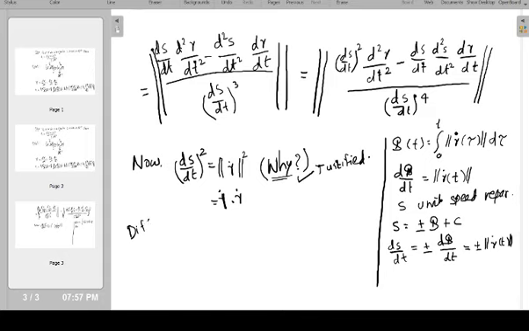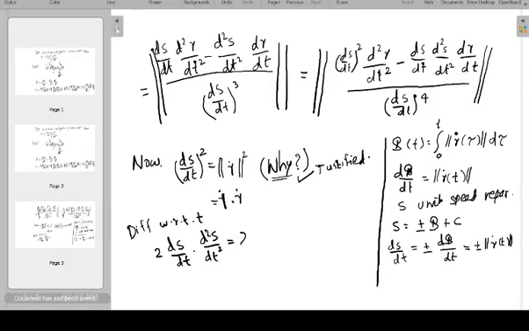So differentiating with respect to t, what you will get? 2 ds by dt into d square s by dt square is equal to, you have to differentiate this, so gamma double dot inner product gamma dot plus gamma dot inner product gamma double dot.